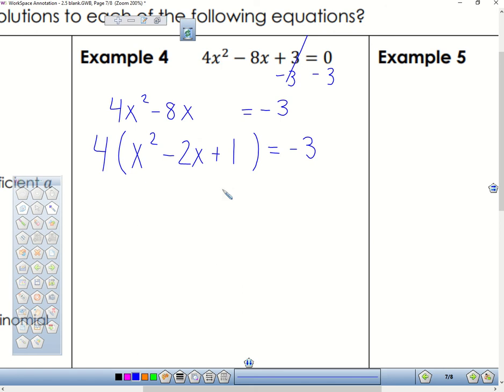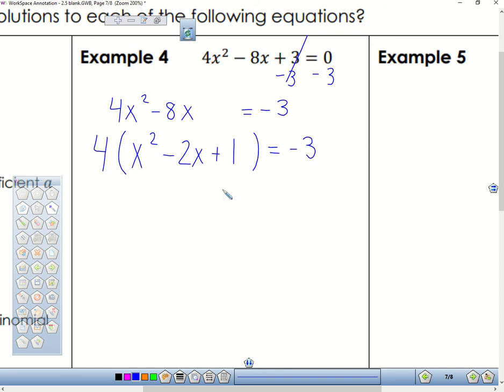So technically, if I were to have distributed the 4 back out, I actually added a what on this side? A 4. So in order to balance my equation out, I need to add a 4 to the other side. So you always distribute this, and whatever that is, that is what you're going to add to both sides. It's kind of weird, but it works.